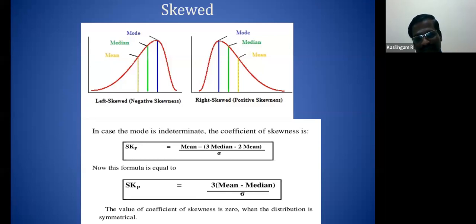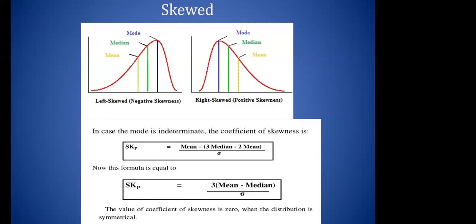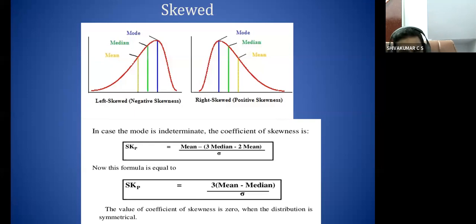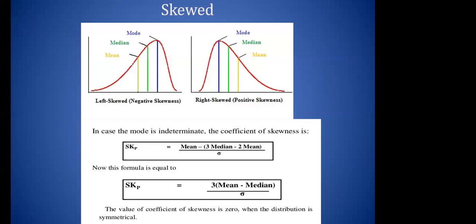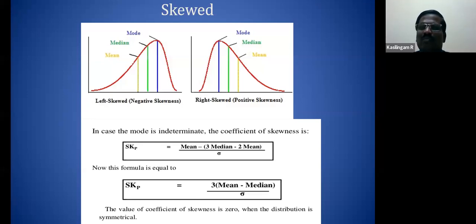Understood, madam? Tell again, madam. In positive skewness, more number of people are less than the mean income or mean age.